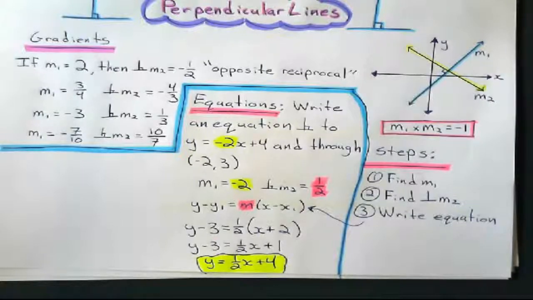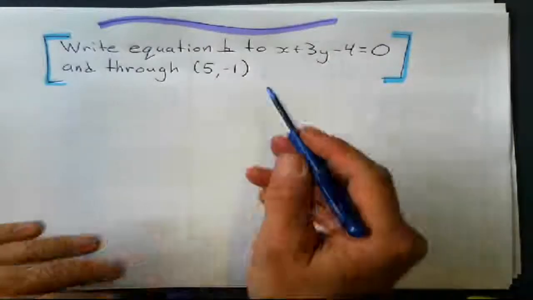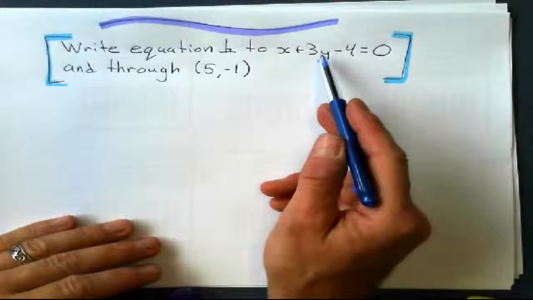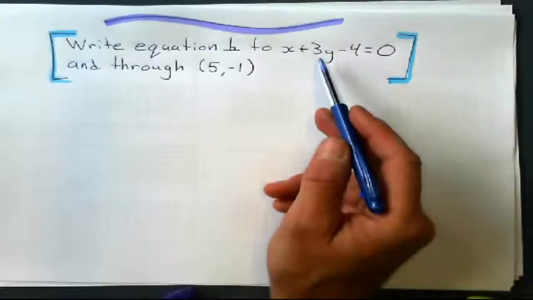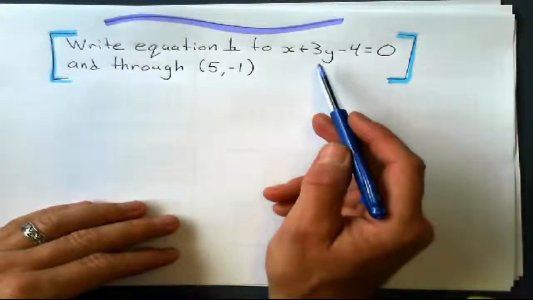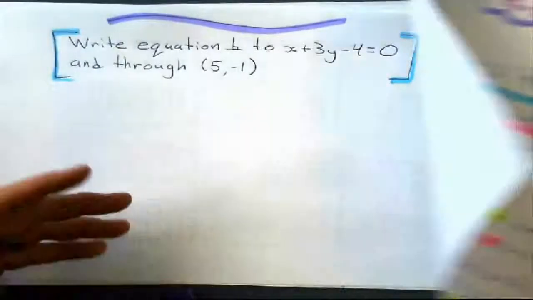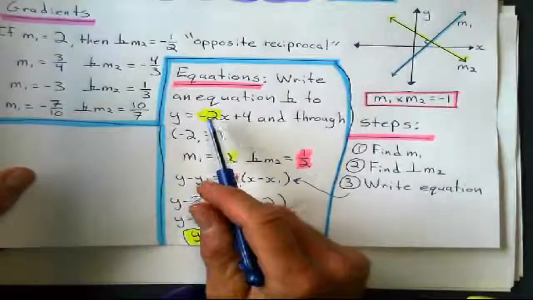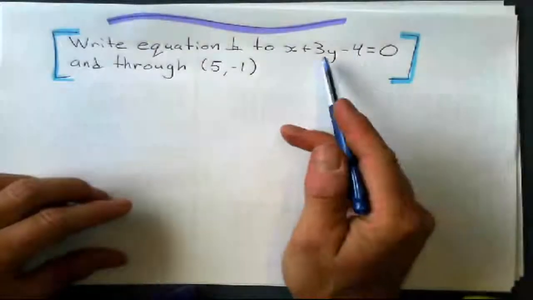In this equation, obviously it looks different because y is not by itself, so I don't know the gradient right away. I can't just look at it and say the gradient's -2. So you can rearrange it to get y by itself.